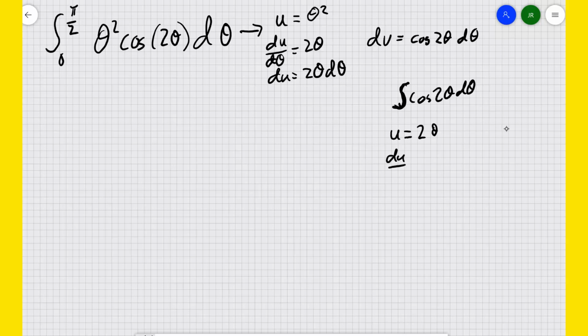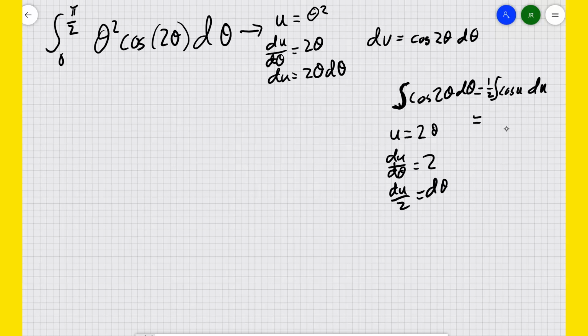So du d theta is 2, so du over 2 is d theta. So this then becomes the integral of cosine of u du over 2. But instead of putting over 2, I'm just going to put 1/2 out here.